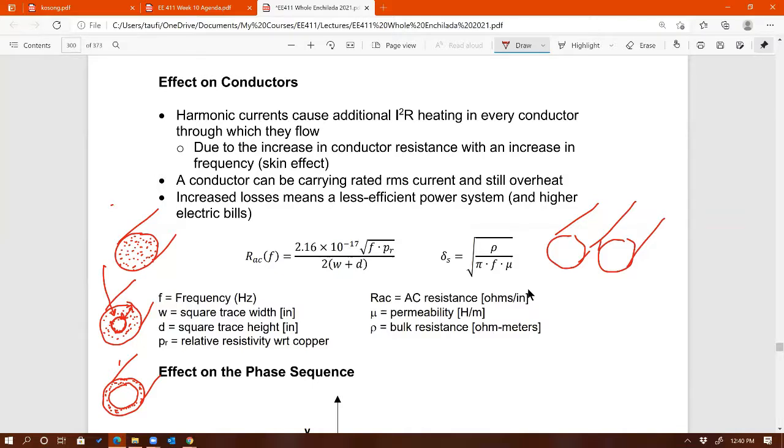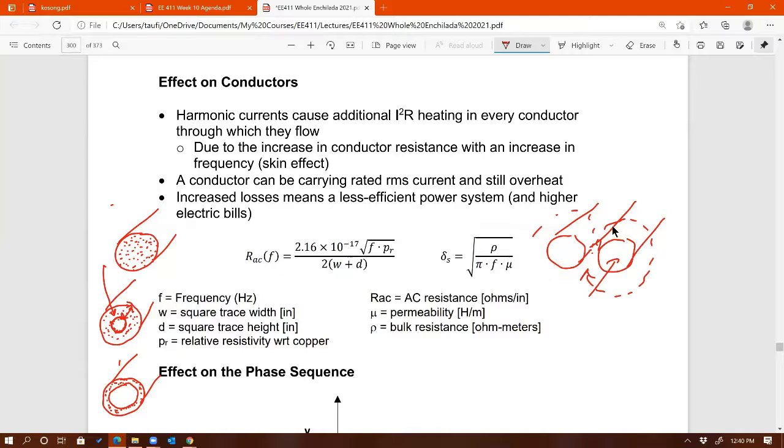And depending on where the current flows, this is the one that I keep mixing up. Let's see, one is this way, and this way. If both of them are going into the page, we can see the flux by the right-hand rule. That one's canceling, so that one's okay.